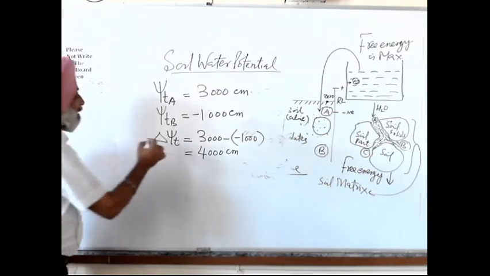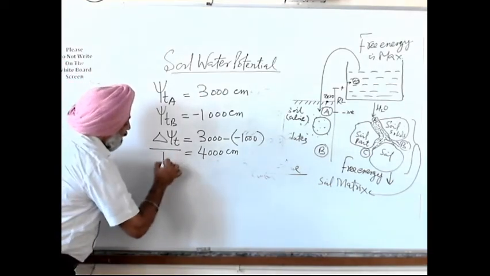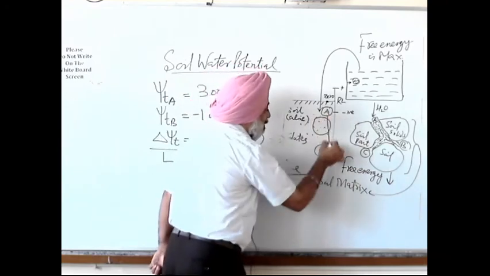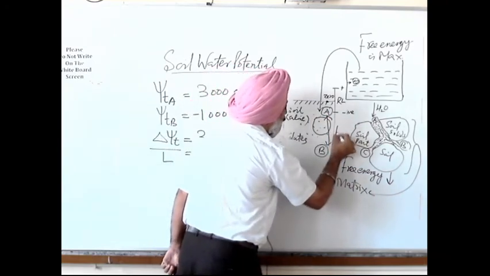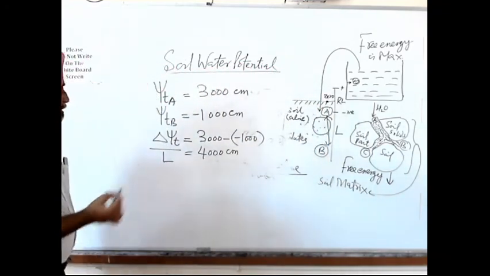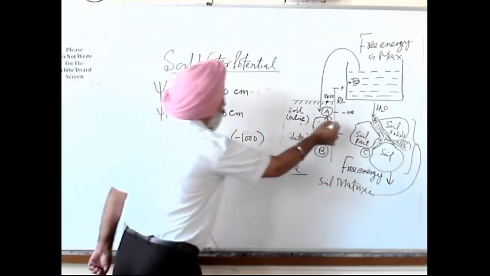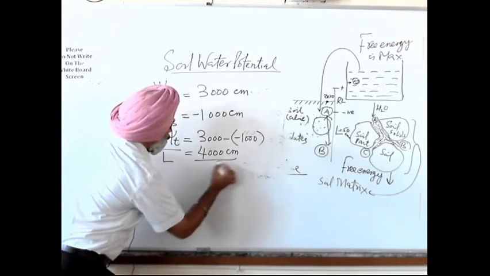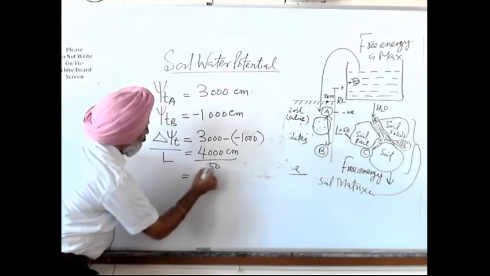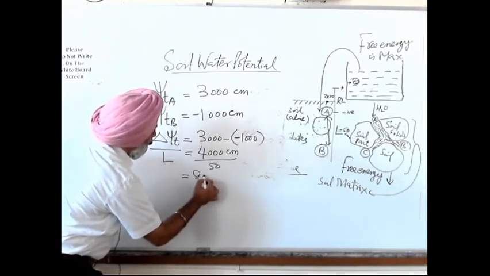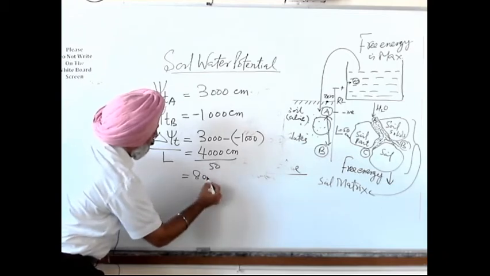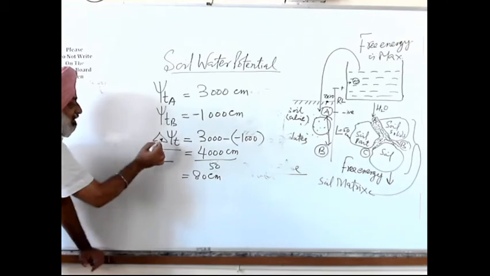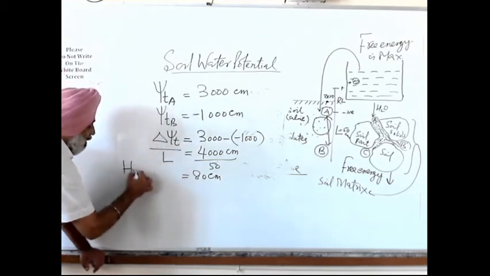And if I divide this by L, L is in fact the distance between the 2 points, say it is 50 centimeters. So 4000 divided by 50 comes out to be 80 centimeters.